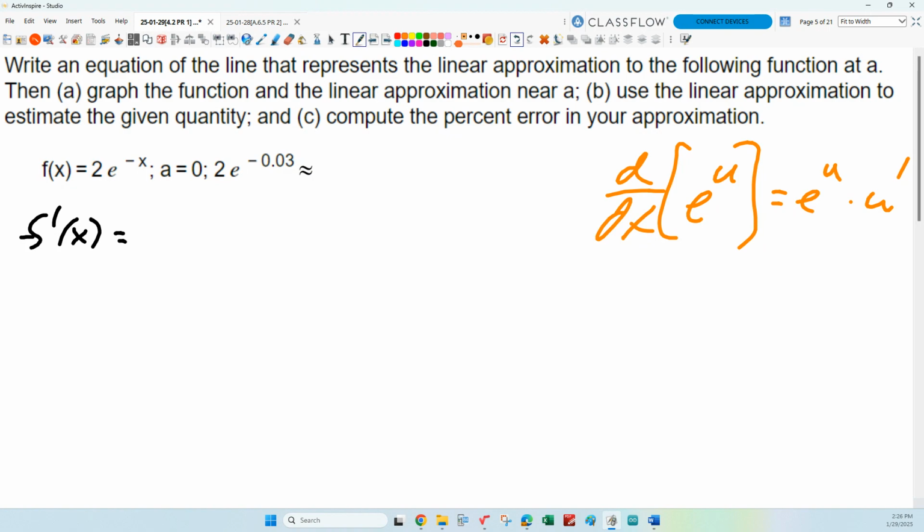Don't worry about the 2 for a second. Just what's the derivative of e to the minus x? What's my u in that case?